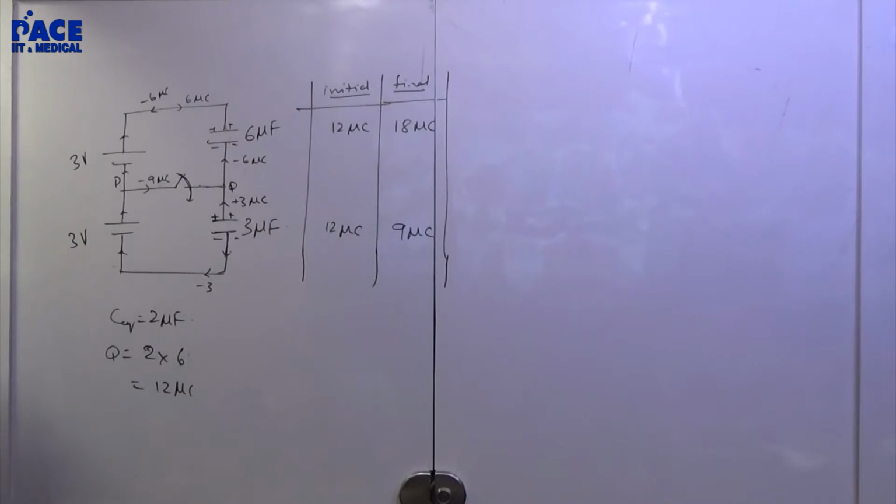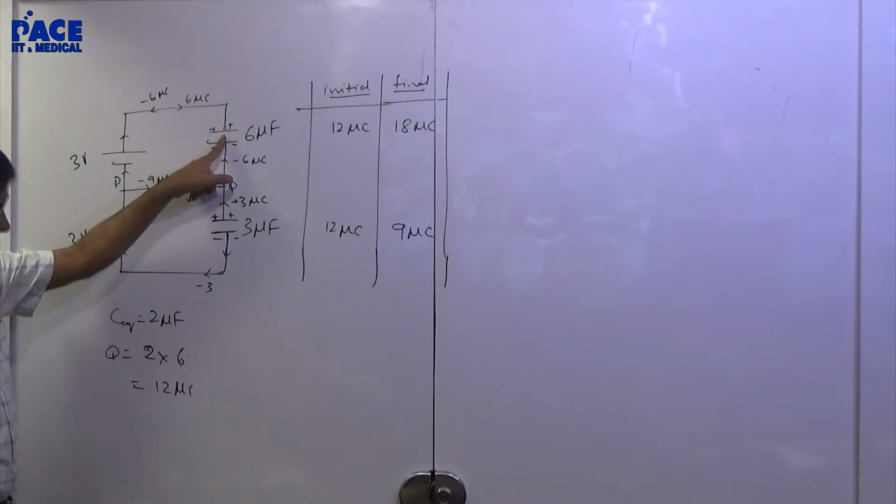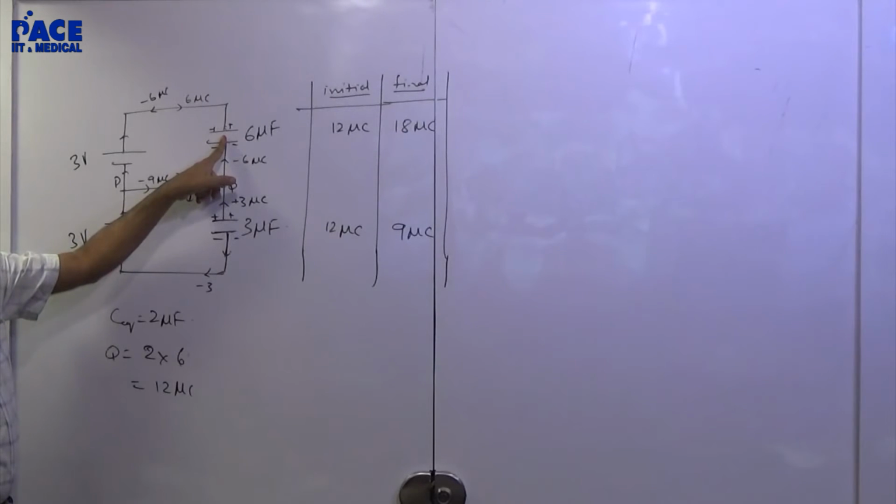So we can interpret from the capacitor side also, no? Any side you interpret, you should get the same answer. Sir, how will the capacitor in the upper circuit not get any effect by the battery in the lower circuit?